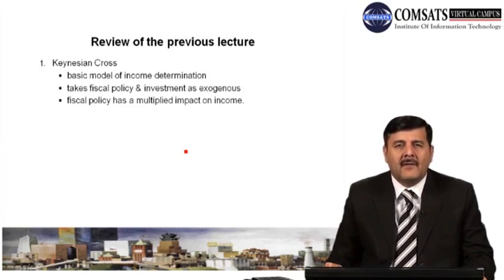When we discussed the impact of a change in government purchases on income, we saw that the change in income is much bigger than the change in government purchases. Suppose there is a 1% change in government purchases, there will be a 5% change in income, right?